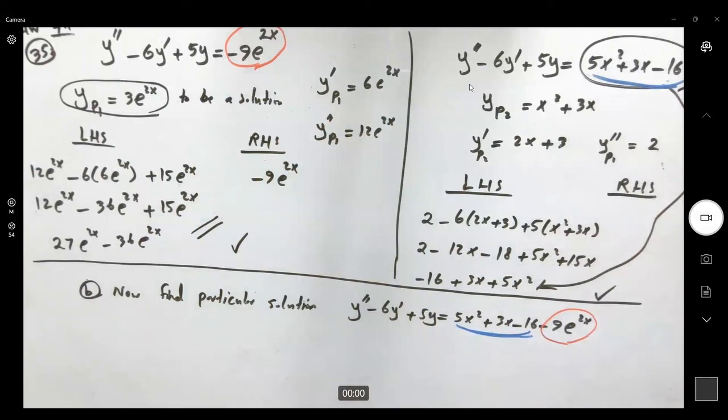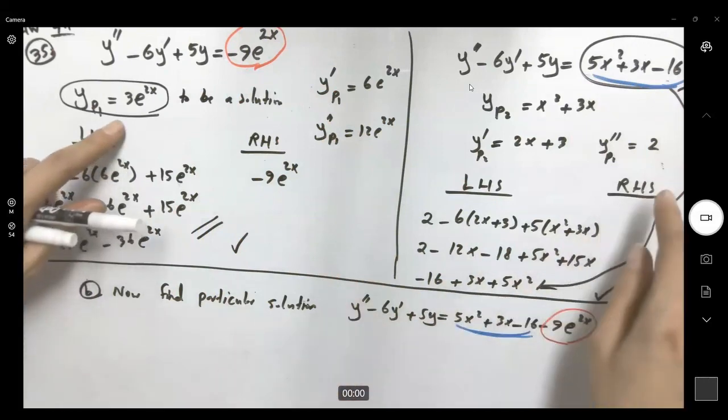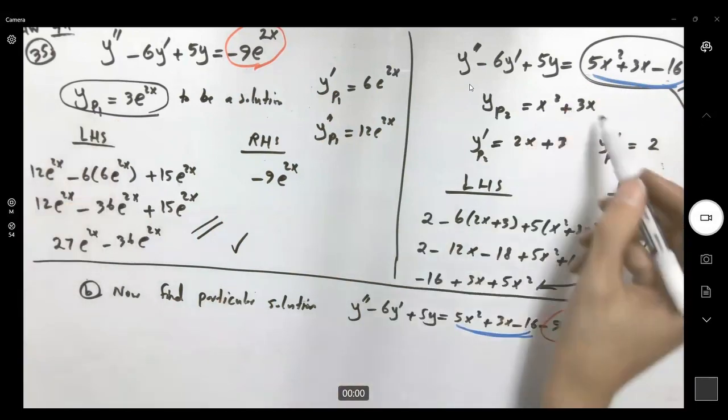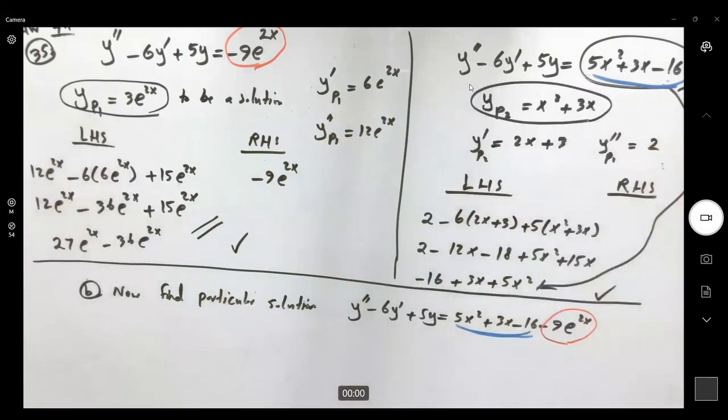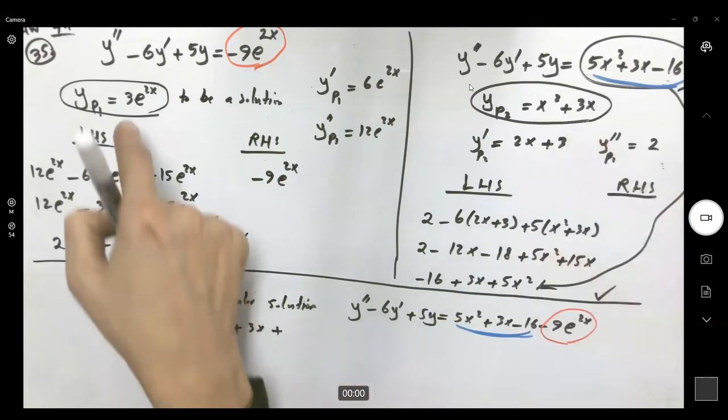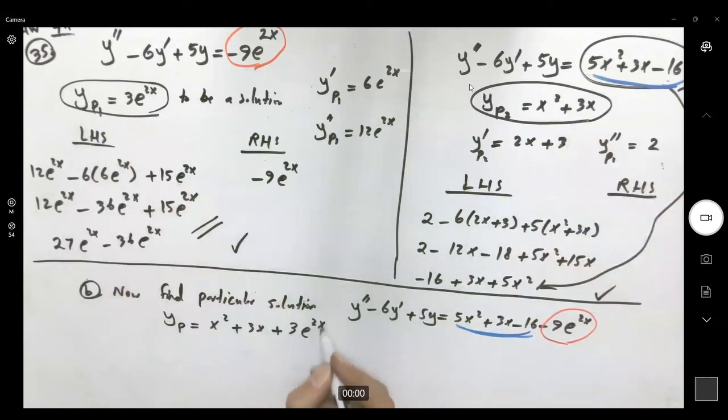Well, to write a particular solution for this differential equation, we can just take these two particular solutions that we have and combine them together. So the particular solution for this differential equation, y sub p, can be written as x squared plus 3x plus 3 e to 2x.